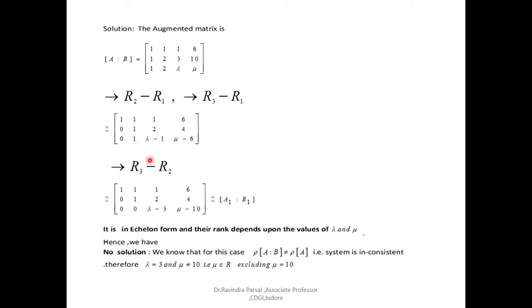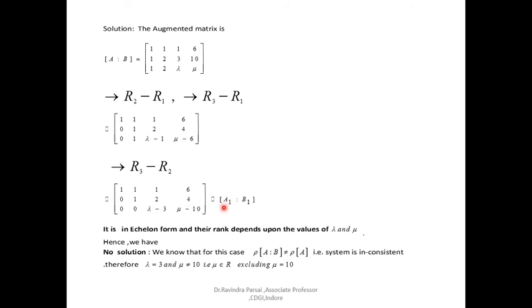Now, to reduce into echelon form, with the help of this second pivot element you can easily make the entry to 0. So you have the last option, R3 minus R2. Applying this, you are getting lambda minus 3 and mu minus 10.